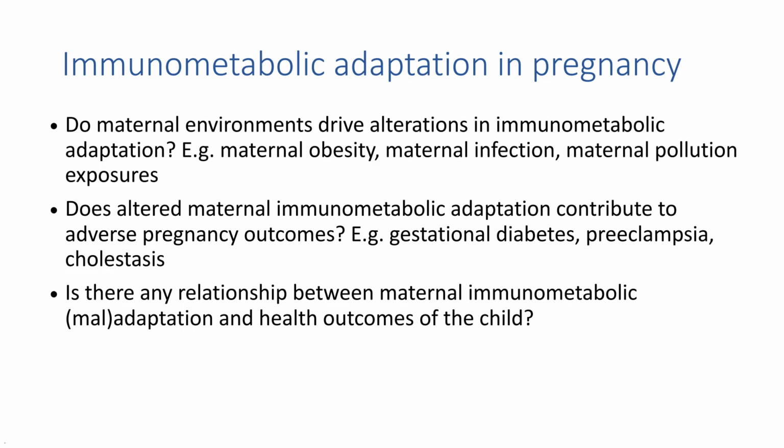And so we're looking at those immunometabolic adaptations and maladaptations and how they may be shaping the development of the baby's immune system, in particular in terms of my group, but also how this may shape the baby's susceptibility to certain diseases once it's born and growing up through childhood and into adulthood.